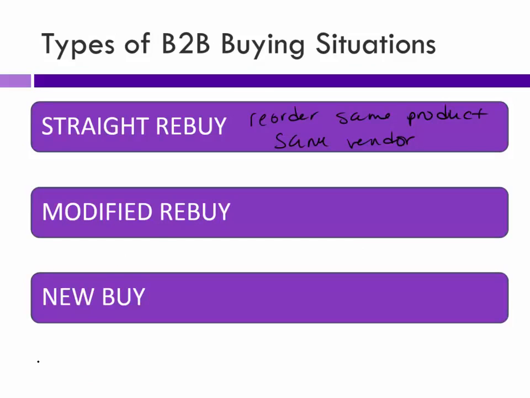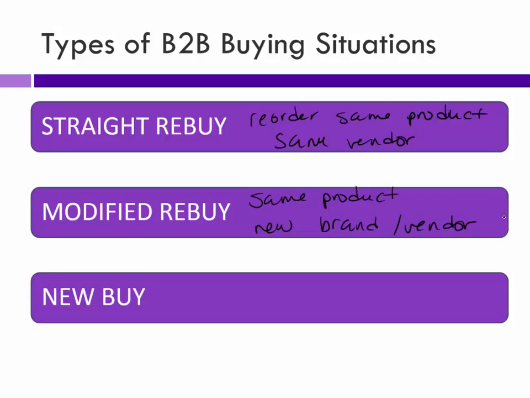A modified rebuy, I'm changing something. It's the same product or the same type of product, but maybe I'm changing brands or a new brand or a new vendor or something like that.